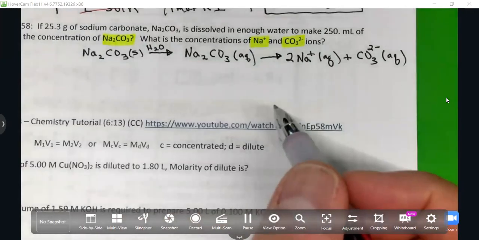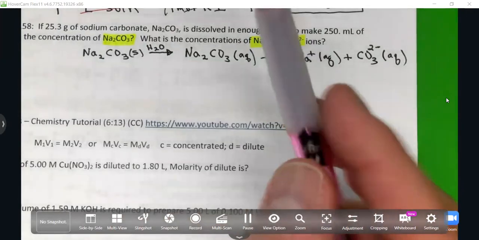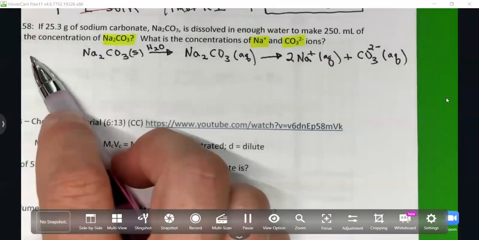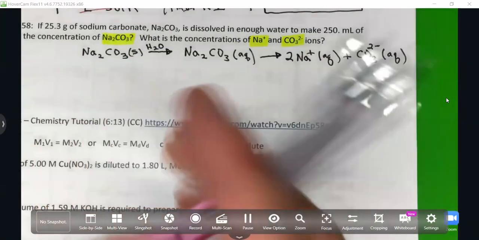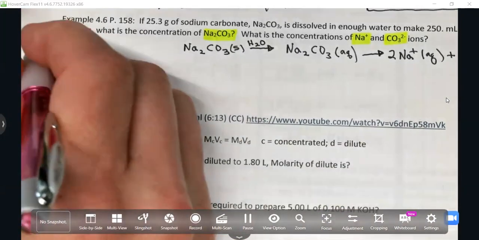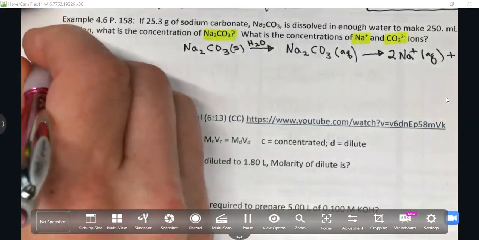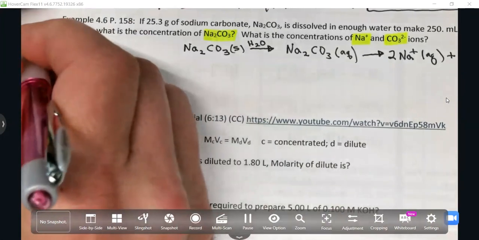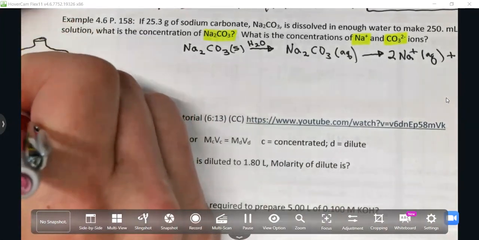So let's see if we can figure this out here. We need moles over liters. And when we get all done, again, we're going to have a bottle, a jug, whatever, with a concentration on it.